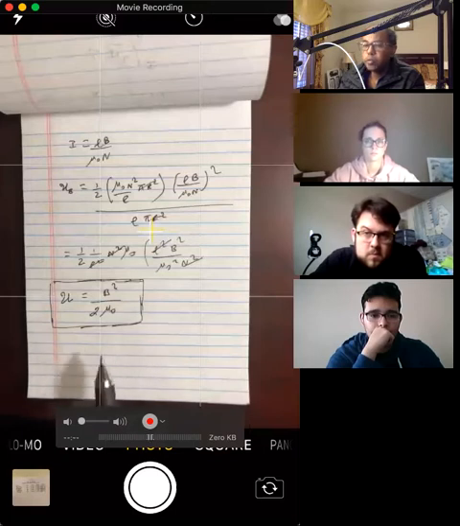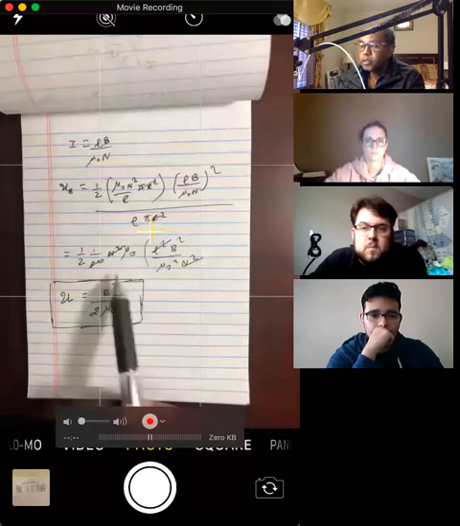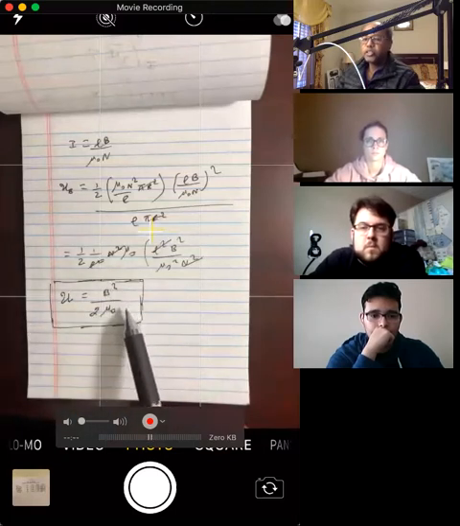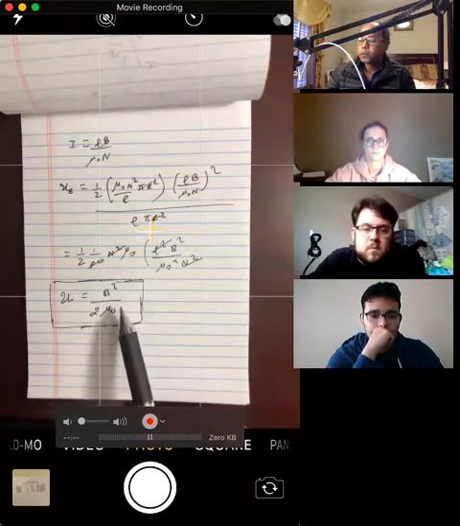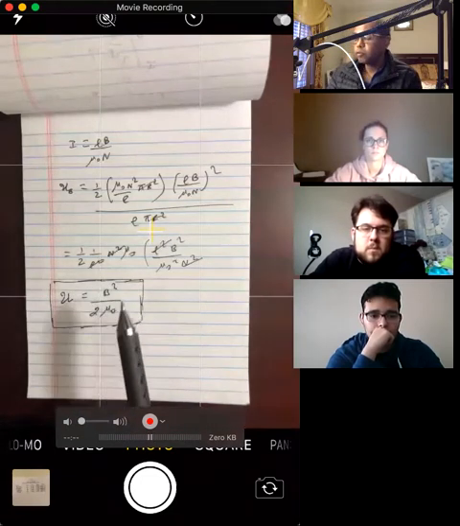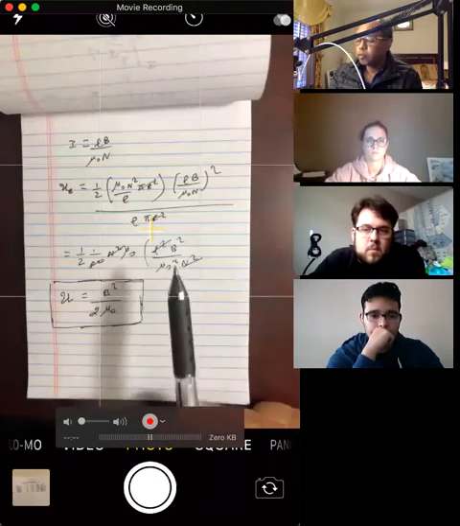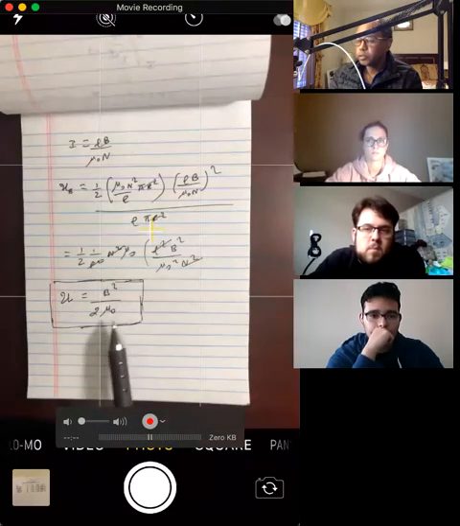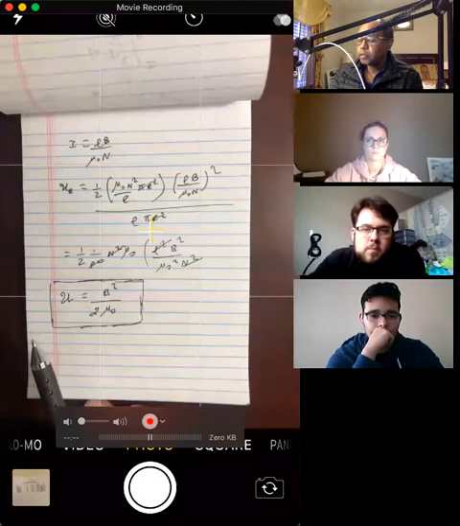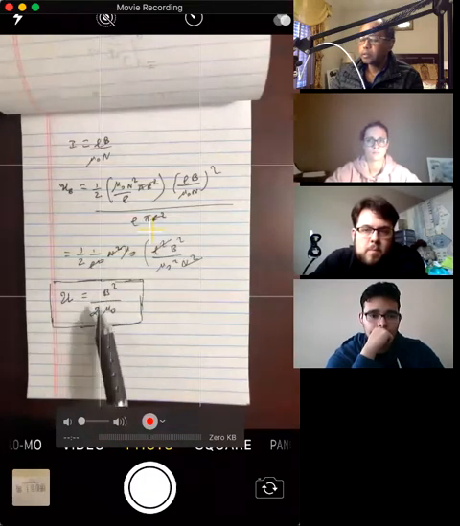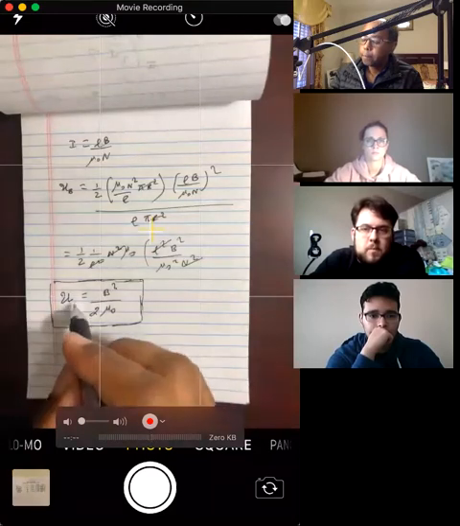At any point where the magnetic field is B, this is the magnetic energy density at that point, okay? So this is a very general formula, even though we derived it from a specific example for a solenoid.